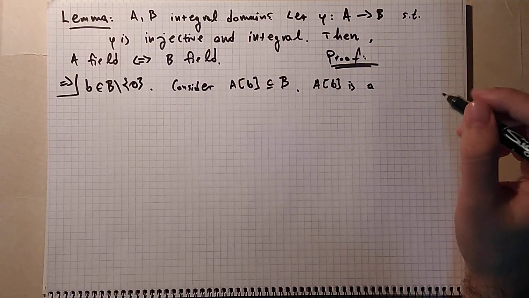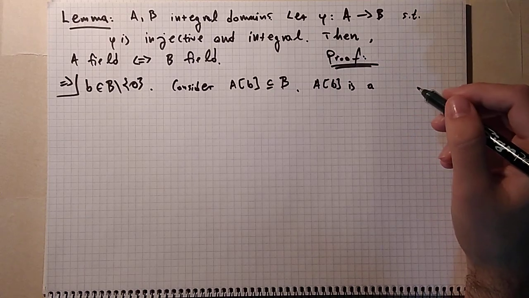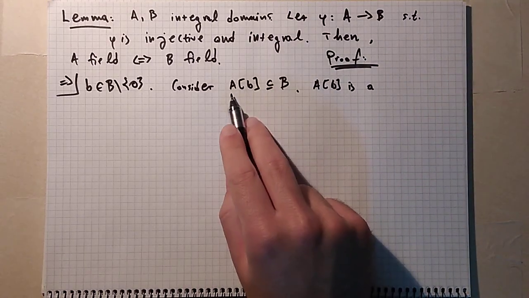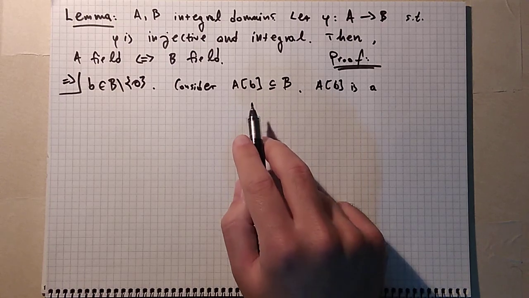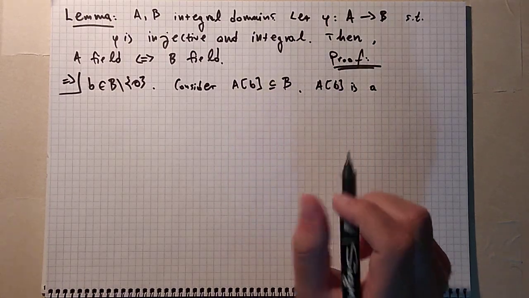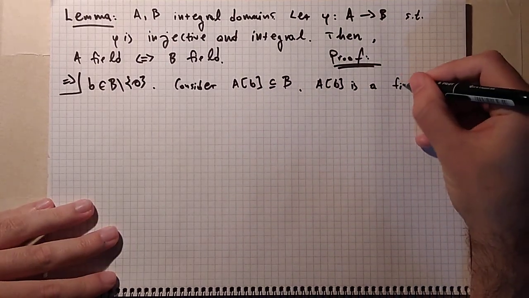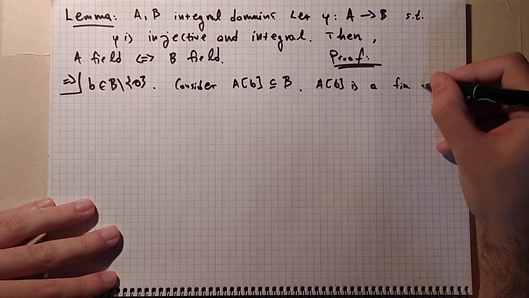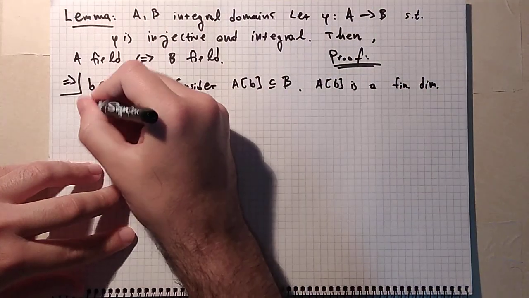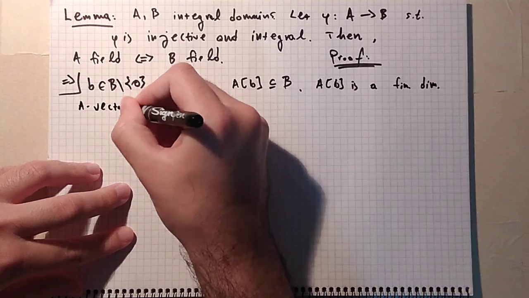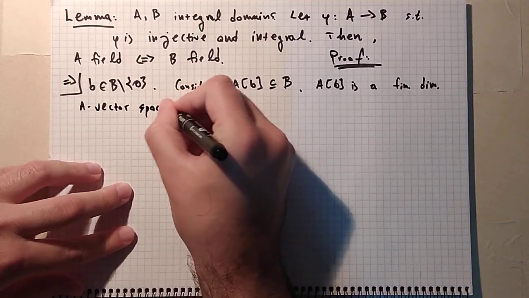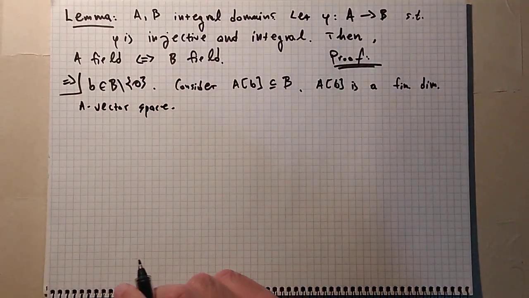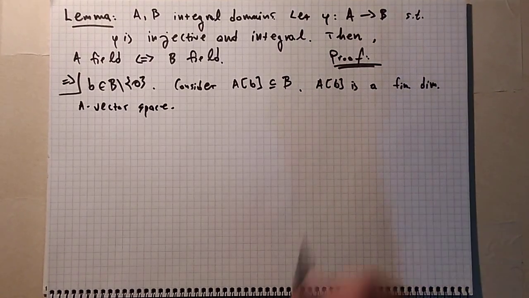In fact, I'm just going to write it now that since this guy is generated by only one element, this automatically implies that it's going to be a finite dimensional A-vector space, right? So the dimension is finite.